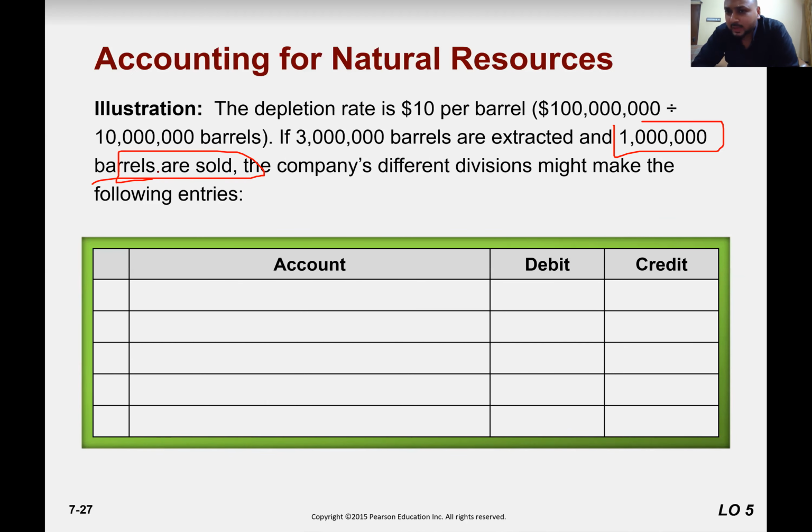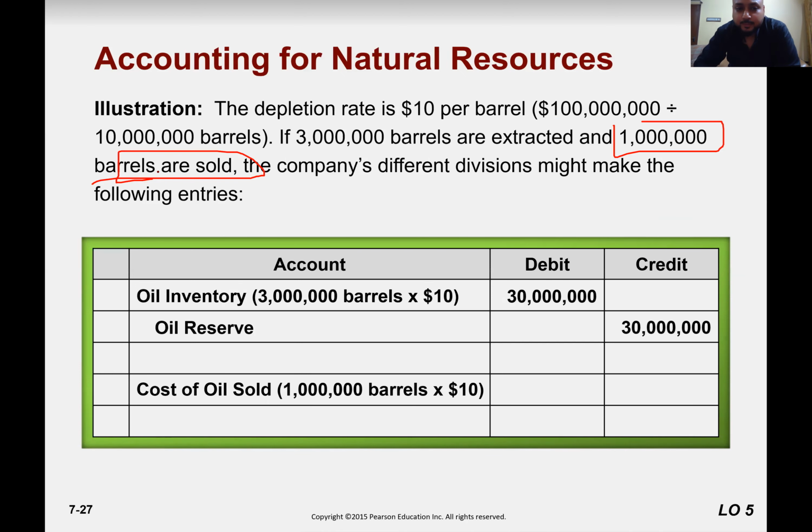So what will be the entry? First of all, 3 million barrels are extracted. The depletion rate is 10, so 10 multiplied by 3 million, the answer is 30 million.